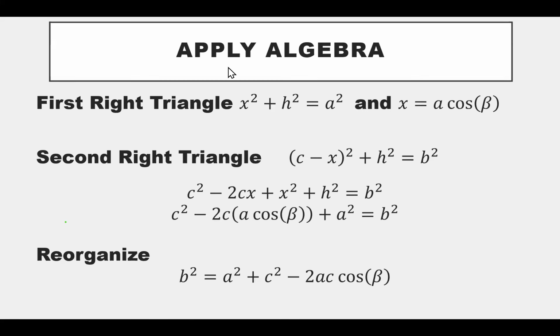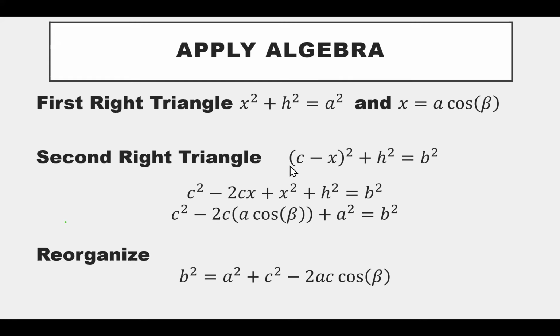At this point, we have all the information we need, and we just have to apply some basic algebra with the equations that I already have. So for my first right triangle, I have x squared plus h squared is equal to a squared, and x is equal to a cosine beta.